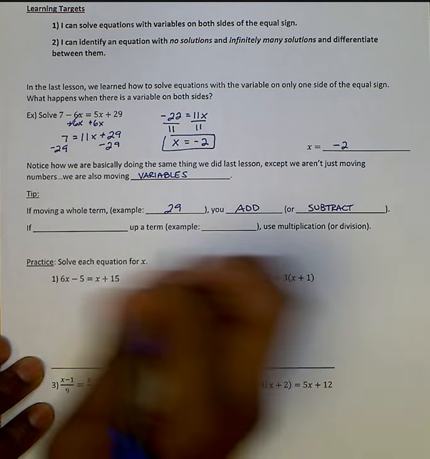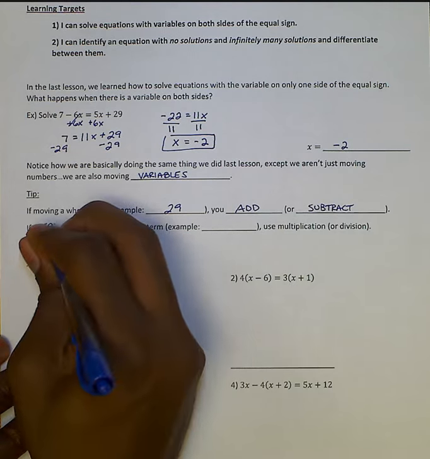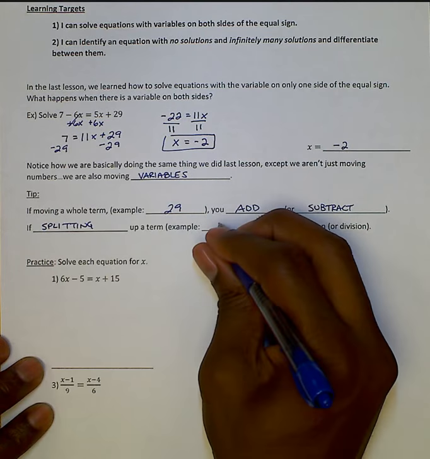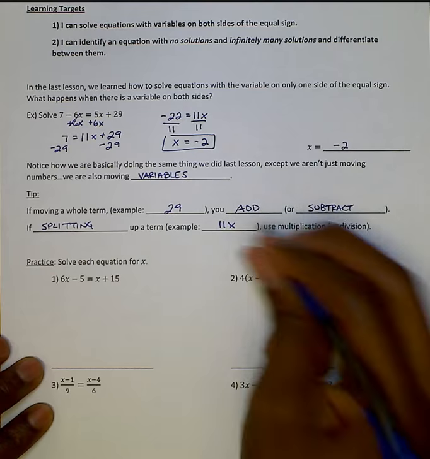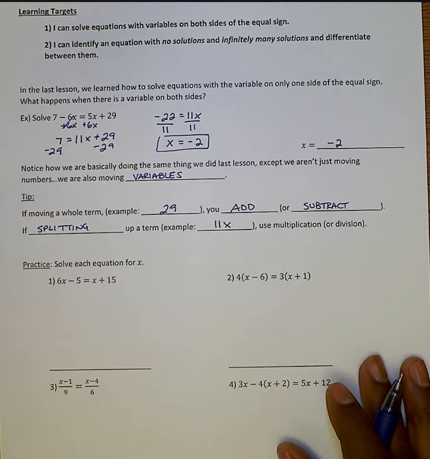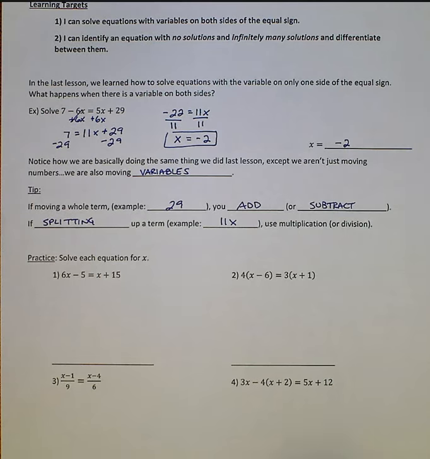If you're splitting up a term, like 11x, we need to get rid of the 11, use multiplication or division. Okay, so let's go through some problems and see how much it really hasn't changed.